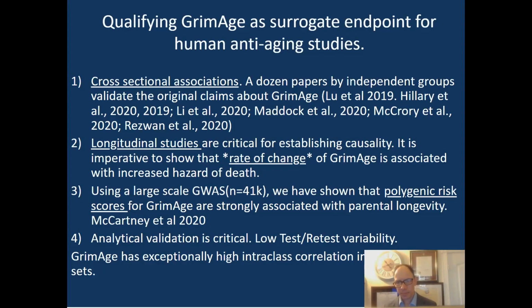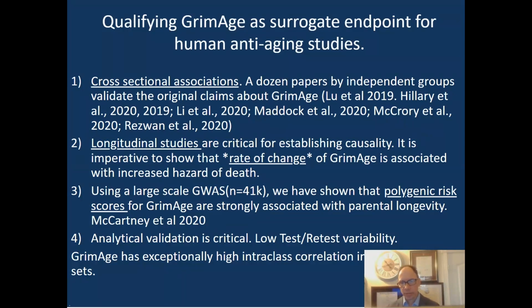The next step is really to work on qualifying epigenetic biomarkers as surrogate endpoints for human anti-aging studies. We're not there yet because in order to qualify any biomarker as a surrogate endpoint, you really need to provide very detailed evidence that this is the case.